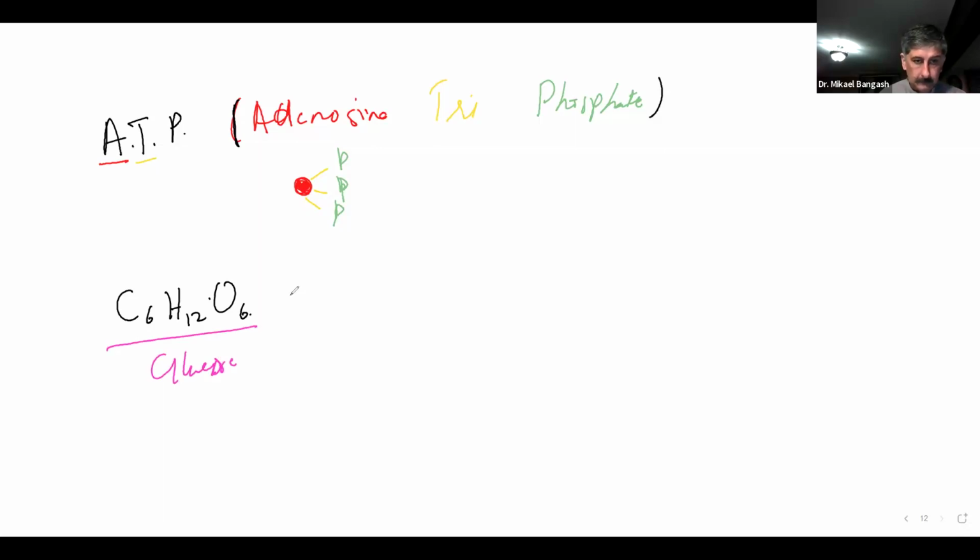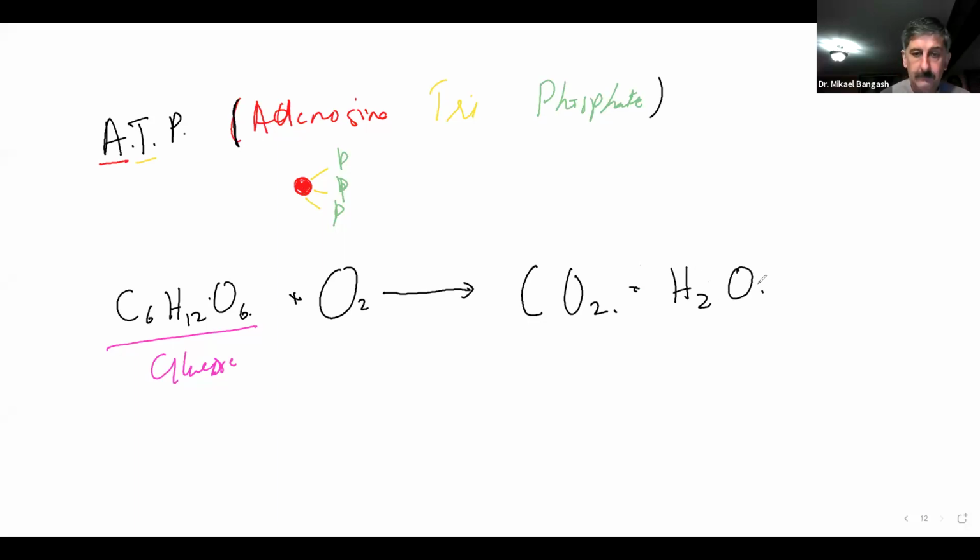And when it interacts, what we get from that is 2 simple molecules that are produced. One is going to be carbon dioxide. The other one is going to be water.